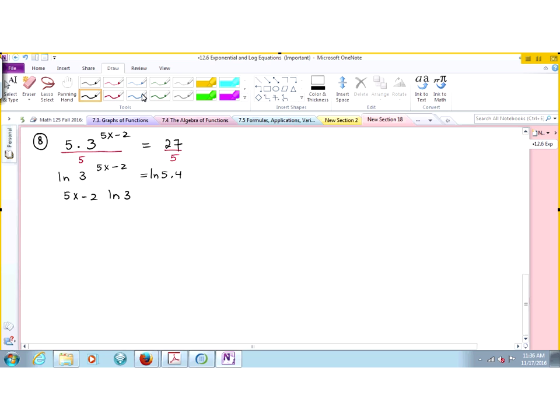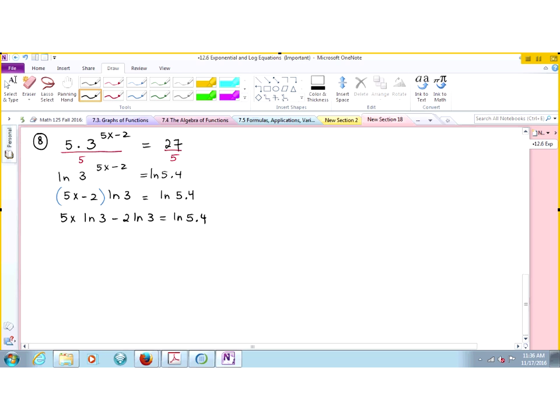Okay, I made a mistake here. Parentheses, yes, remember. Is equal to ln 5.4. Good. Now, what do I do next? Distribute, yes. So 5x ln 3 minus 2 ln 3 is equal to ln 5.4.